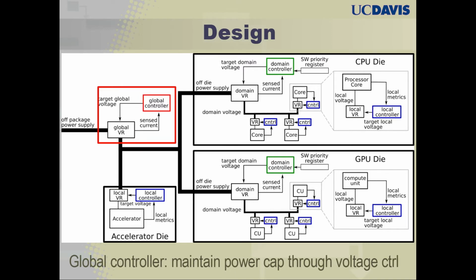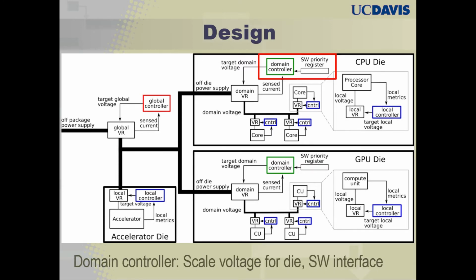So it's sensing the current, setting the global voltage in order to push everything else down on its VF curves, or down in power overall by reducing the voltage. Then there are the domain controllers, and these are die-specific controllers that seek to scale the voltage down based on, maybe the top voltage for the CPU is 1 volt and for the accelerator it's 0.8. Those need to be scaled to account for that.